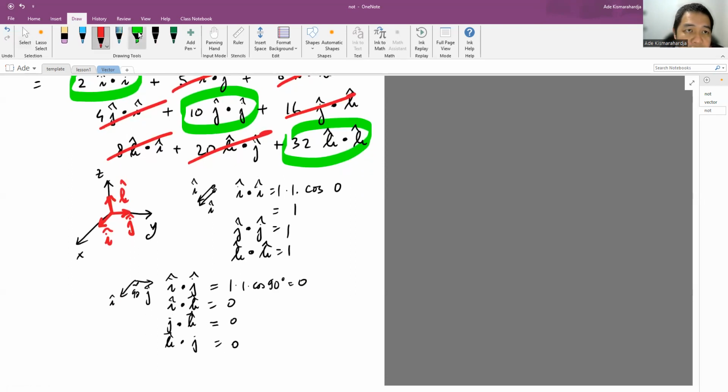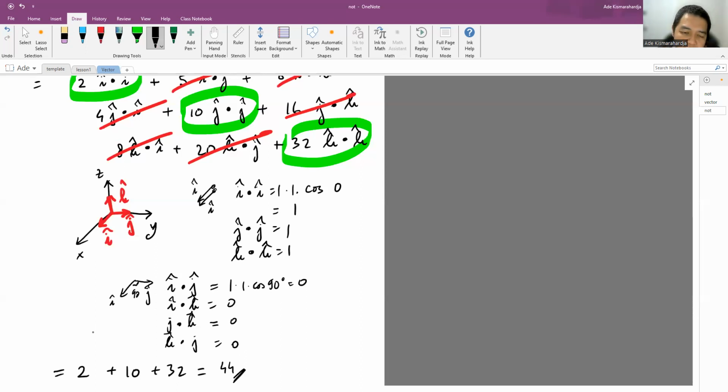So what we have now is 2 plus 10 plus 32, right? Because i·i is 1, j·j is also 1, and k·k is also 1. So in this case, the answer is 44.